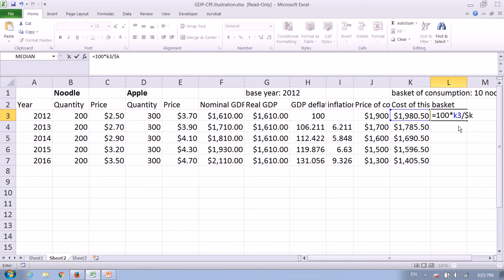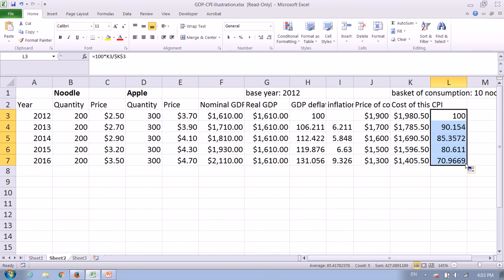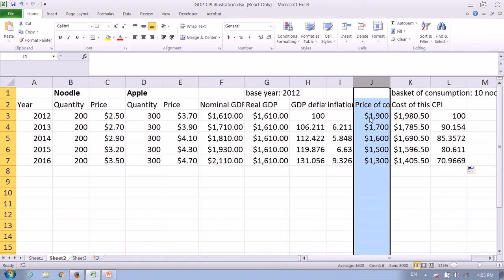Not surprisingly, it is 100 in year 2012 because I chose 2012 as the base year. And now we see that the cost of this basket decreased from year 2012 to year 2016, and this is due to a drop in the price of computers.